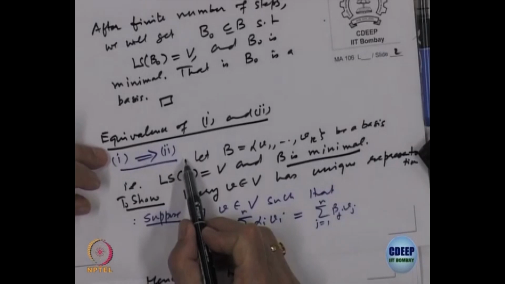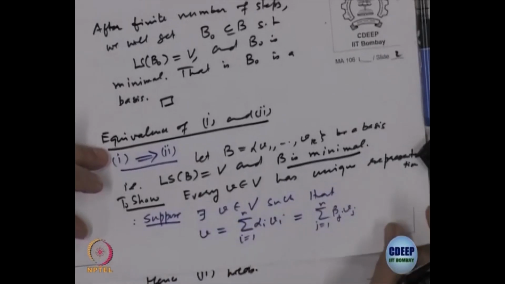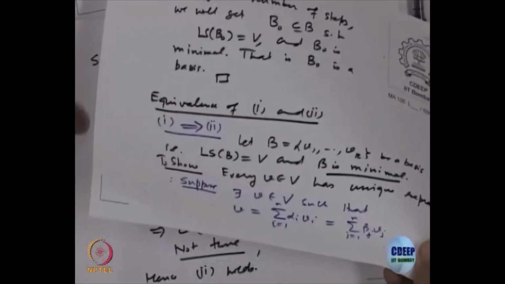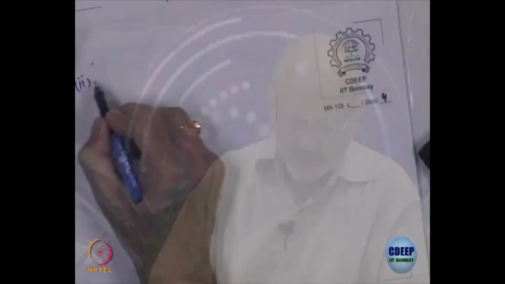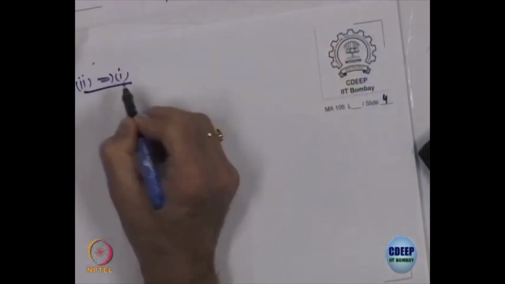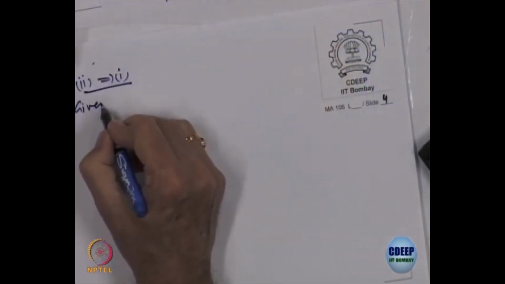So, what we have shown is 1 implies 2. Let us show the other way around, namely 2 implies 1. So, let us prove the other way around statement. So, 2 implies 1. Given what?